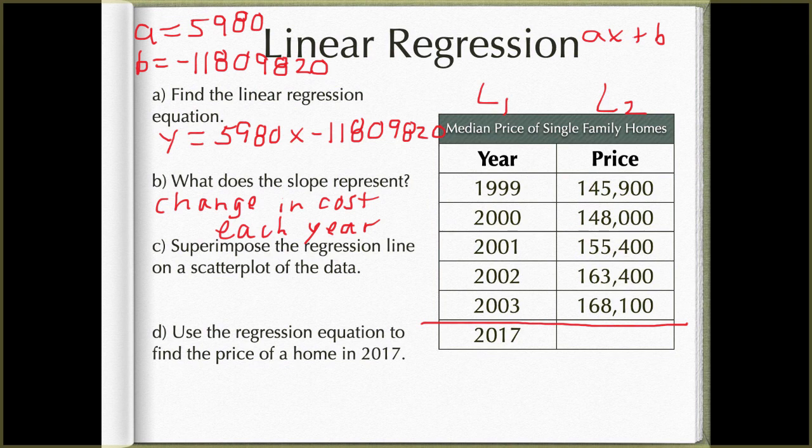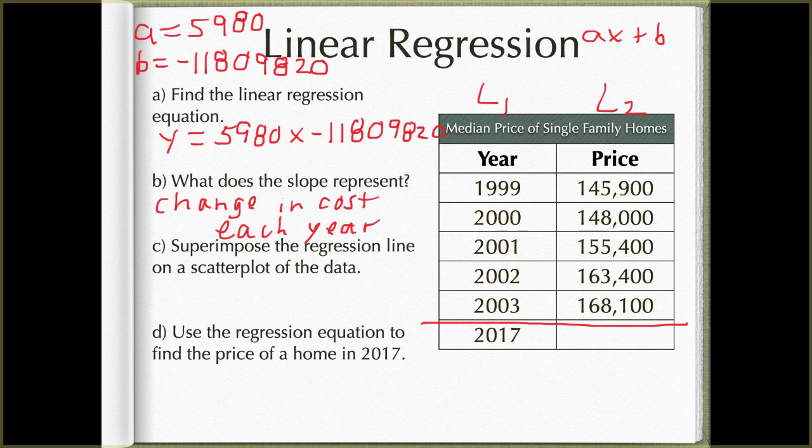Now the next thing it says is superimpose the regression line on a scatter plot of the data. So the first thing we need to do is hit your second key, and then the top left key has stat plot. You're going to go to stat plots, hit 1, highlight on, hit enter. Once you have your plots on, make sure it's indicating your type is your scatter plot, which is the first one. Your X list is L1, your Y list is L2, and you can change what your marks are.